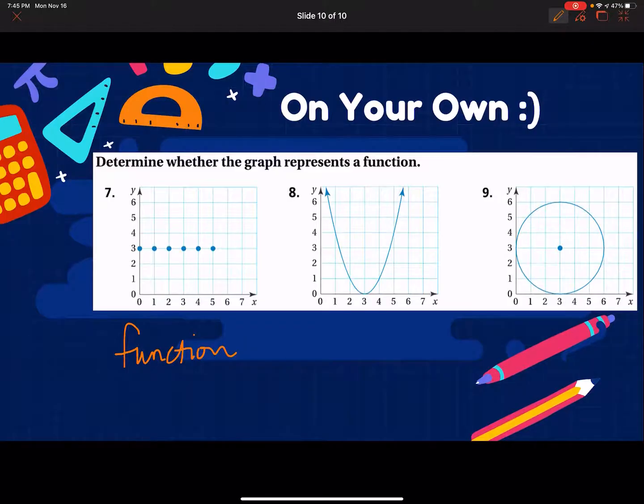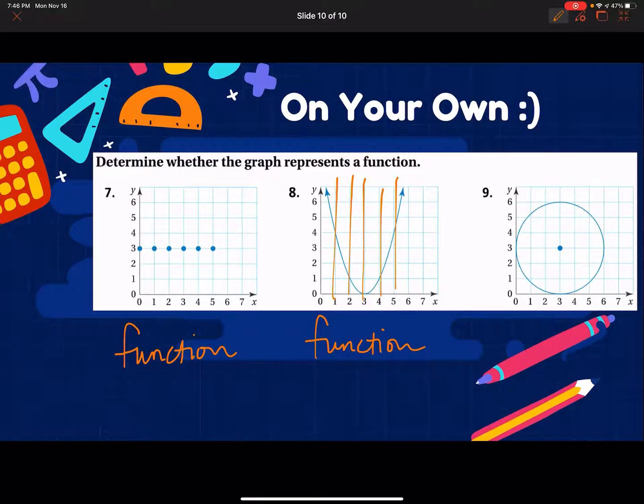Number 8, it appears to be the same thing. There's no way I could cross. If I tried to make some vertical lines here, they're only going to cross that point at one spot. So we have another function.